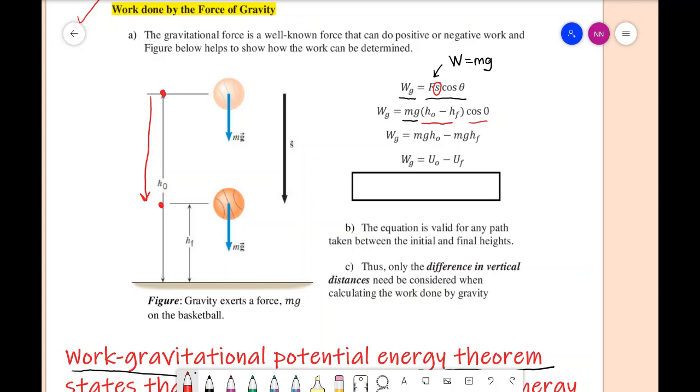They are parallel, so cos 0 degrees, which equals 1.